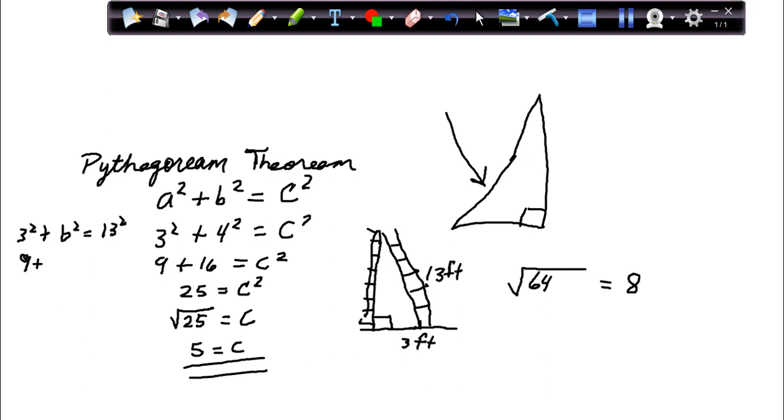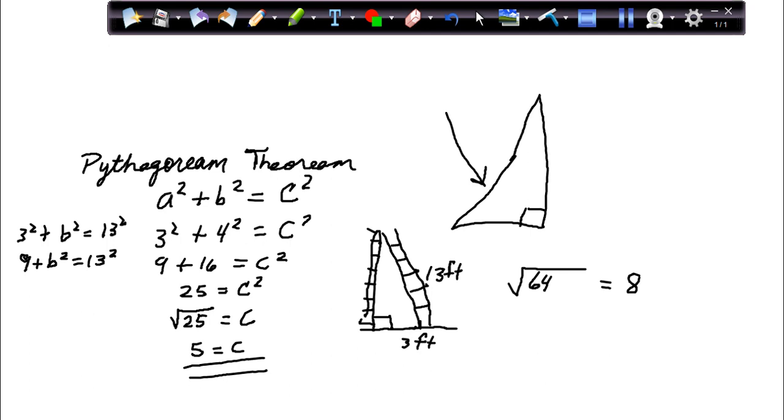Plus b squared equals what? 13 squared, because they gave that to us in the problem. 9 plus b squared equals 13 squared. So 13 times 13 is what? 169.